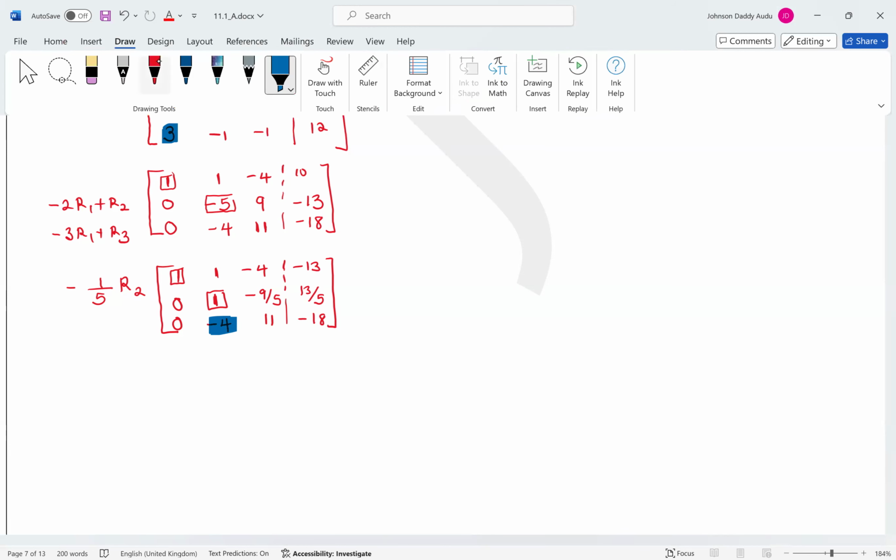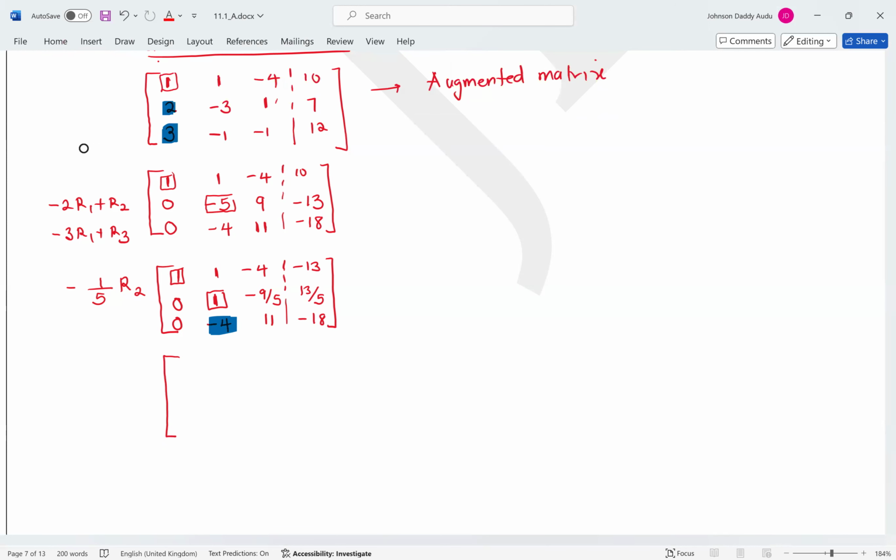We will keep the first 1. Since we're looking at this one, it means row 2 is fixed, so we'll keep it just like this.